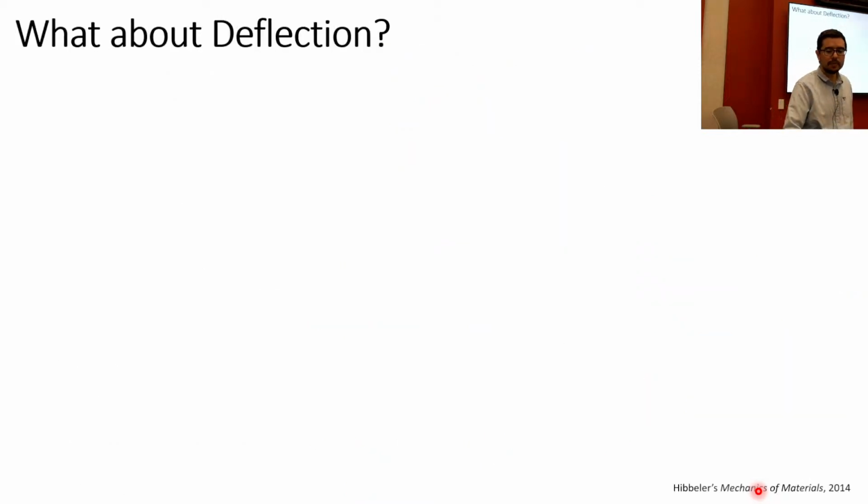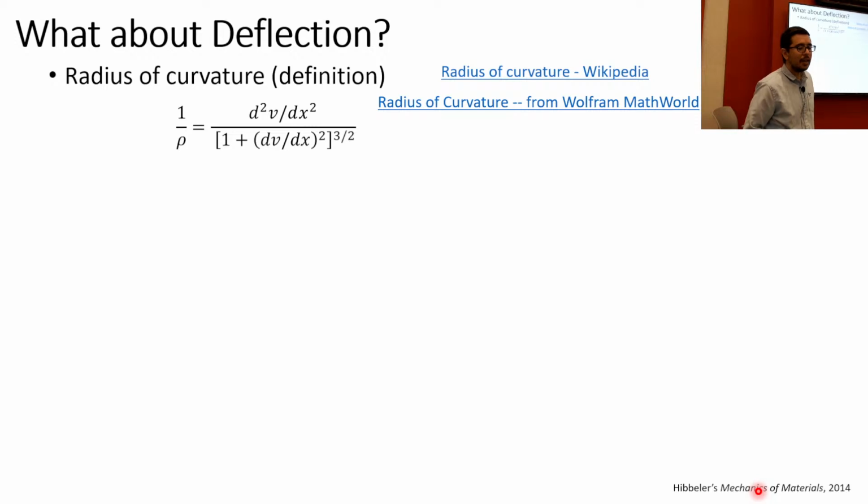What do we do? We go back to calculus. And there's this equation. Does this look familiar? Somewhat, hopefully. It's somewhere deep down in your database. And if you don't believe me, look at Wikipedia, look at Wolfram MathWorld, pull open your calculus book. You're not going to rederive this here. What is this saying?